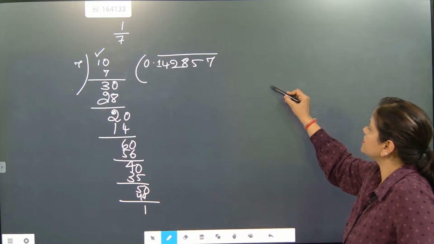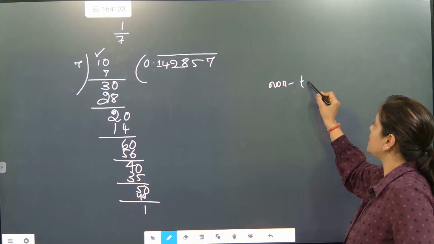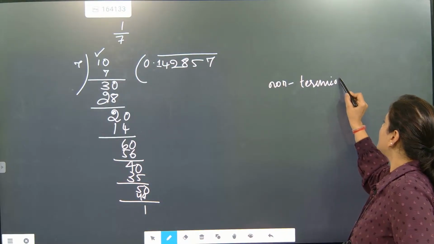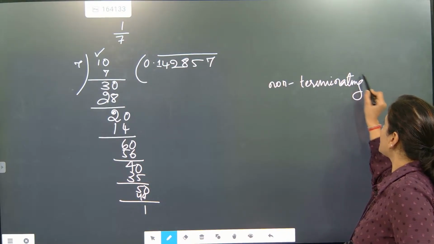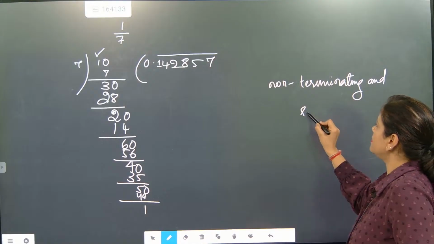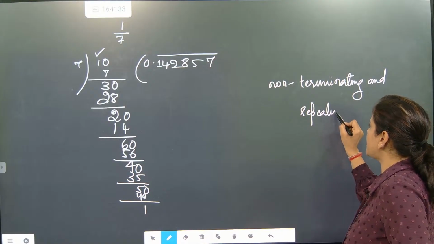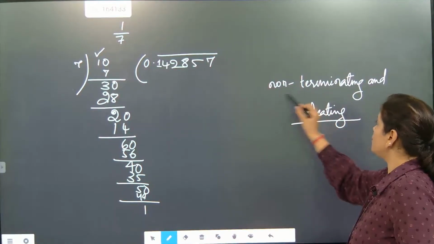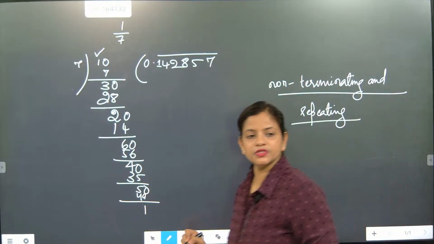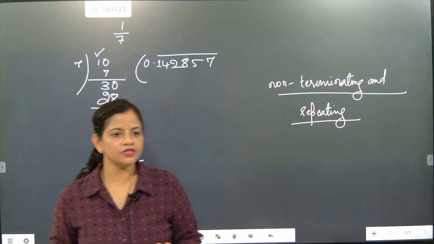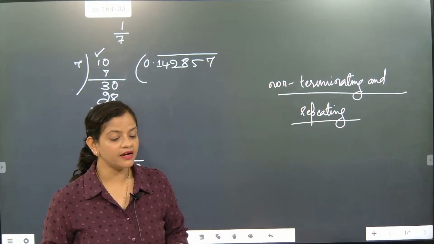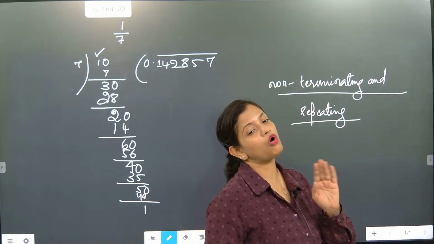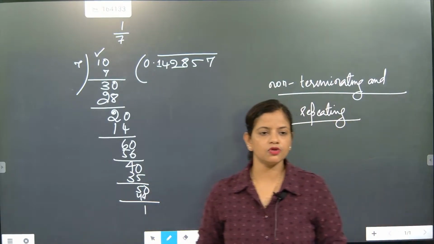What is it called? Non-terminating and repeating. In the teachers eligibility examination, whenever you write the exam, these types of questions will 100% come. Understood? Because they want to check whether you know the basics of these types of numbers or not.